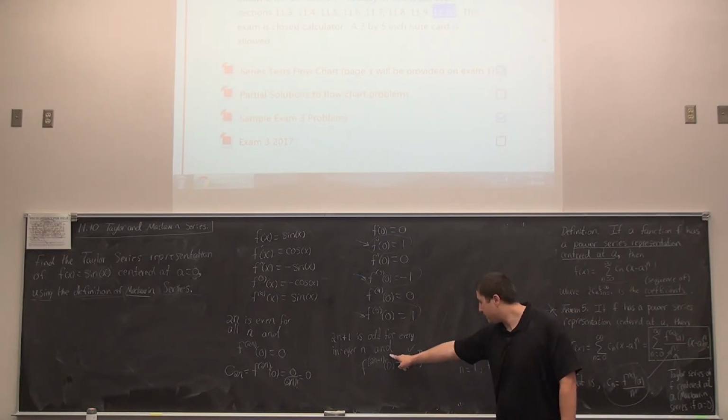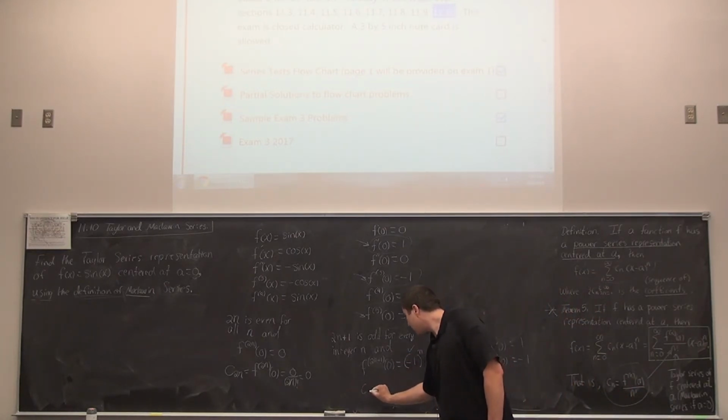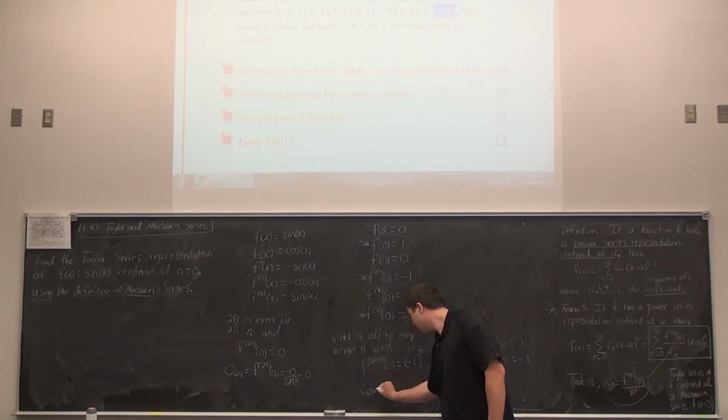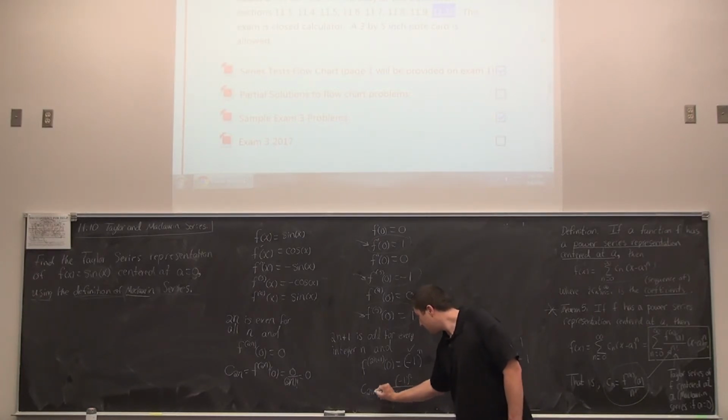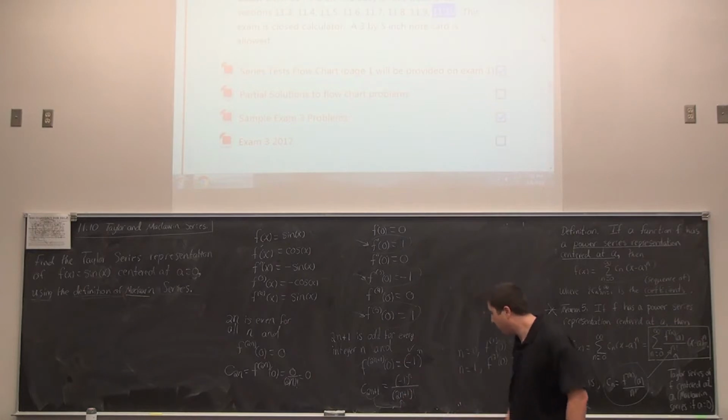So if we have f at 2n plus 1, that means you need a c at 2n plus 1, which would be this entire thing, negative 1 to the power of n, divided by 2n plus 1 factorial. So this should always match up to the 2n plus 1 we see down below there. Any questions so far?